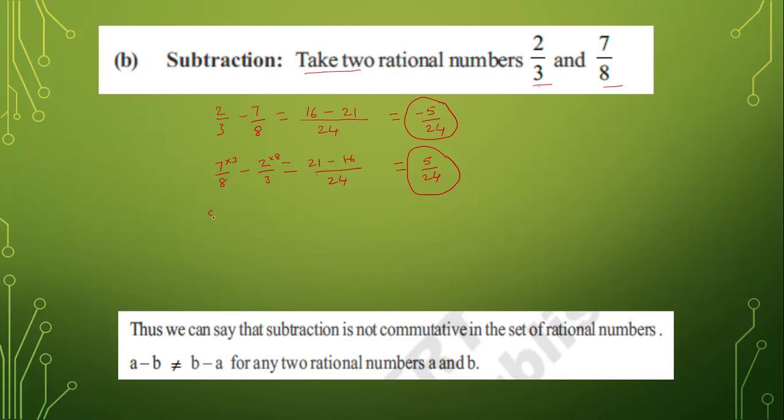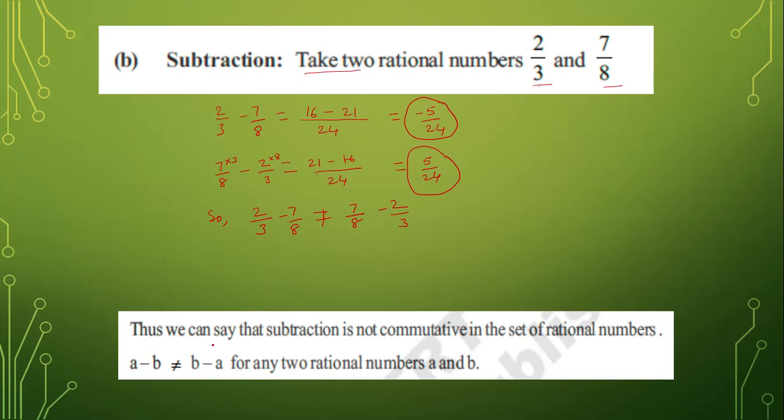So what we can say? 2 by 3 minus 7 by 8 is not equal to 7 by 8 minus 2 by 3. When both the results are not the same, we can conclude that the commutative property is not satisfied by subtraction in rational numbers.